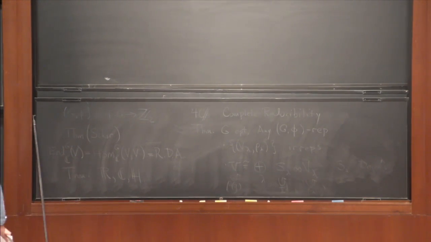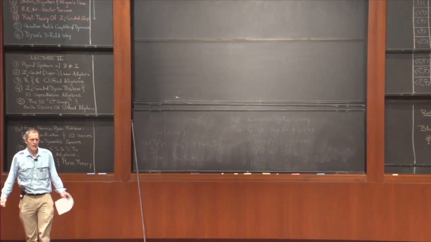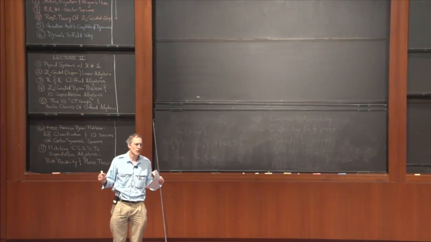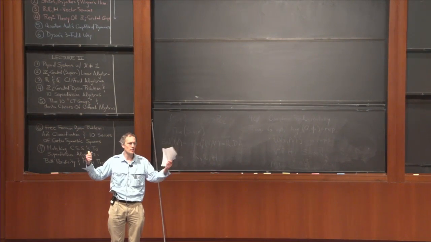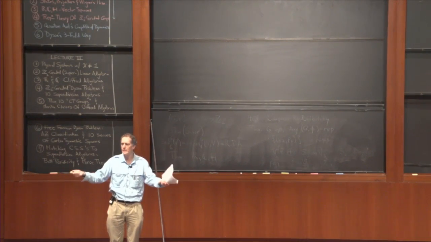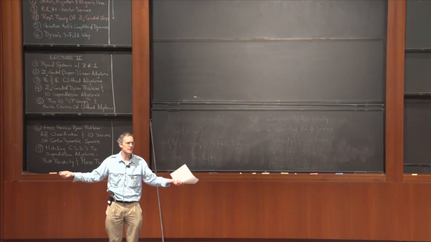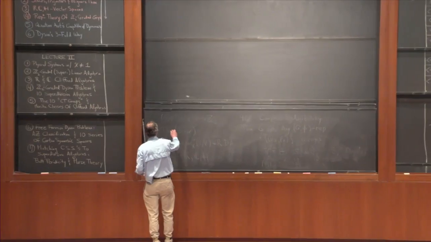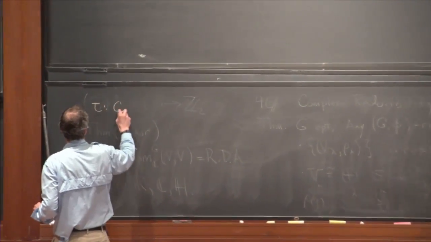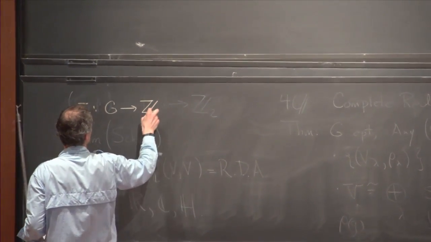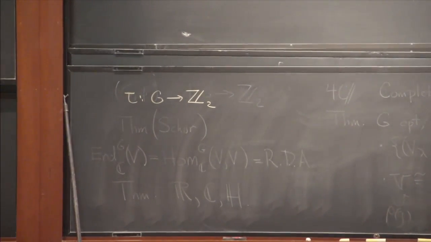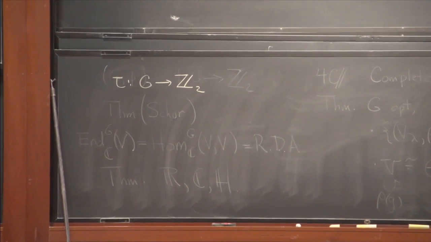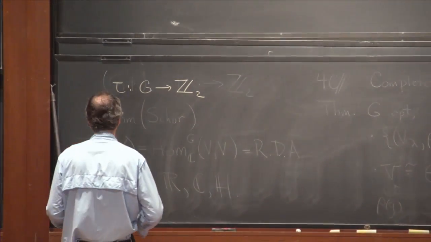In physical situations, if we have, let me call it a symmetry in quotes, then we have to decide, is it going to preserve or reverse the orientation of time? It's a basic choice we need to make. So in physical situations, we automatically have a second group homomorphism, tau from G to Z2, telling us whether we preserve or reverse the orientation of time.